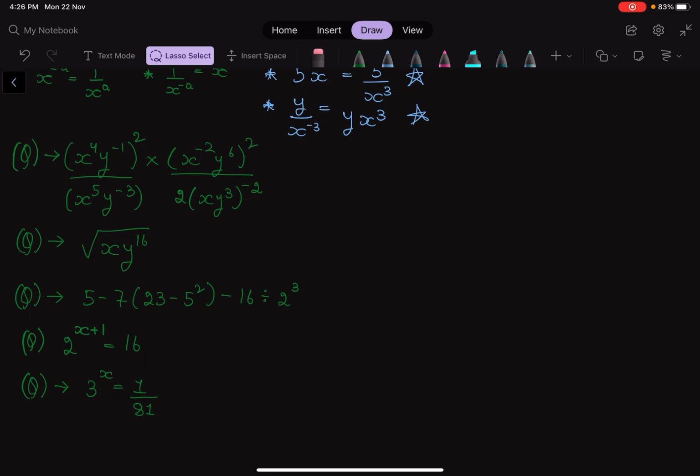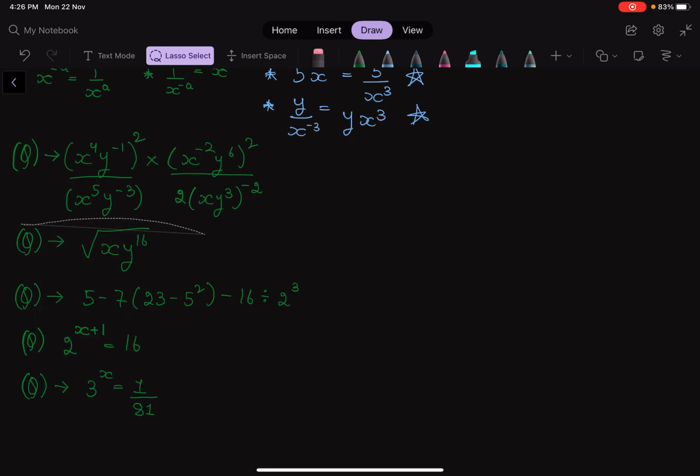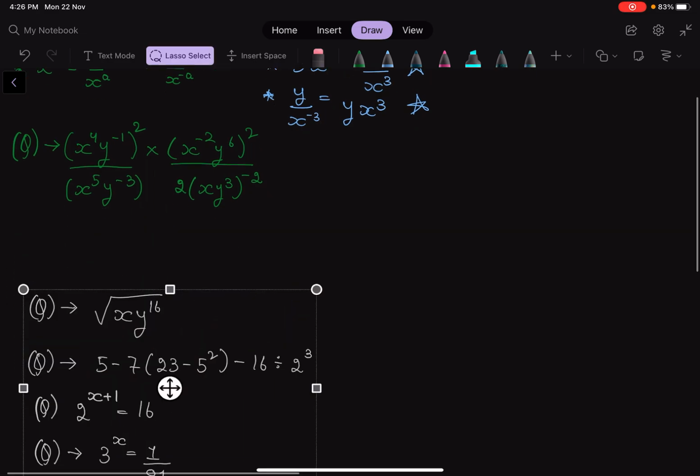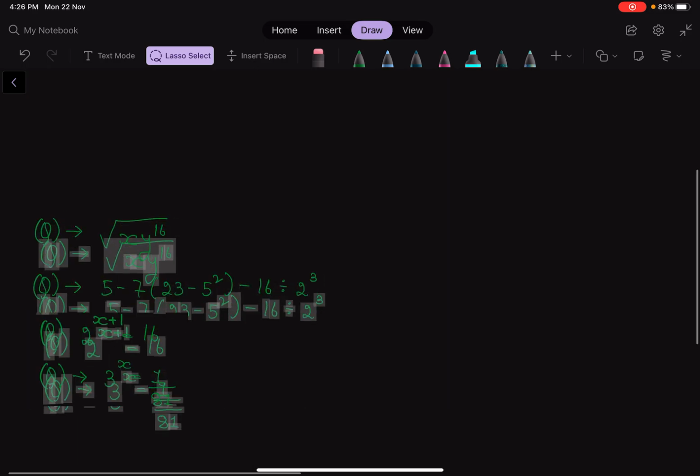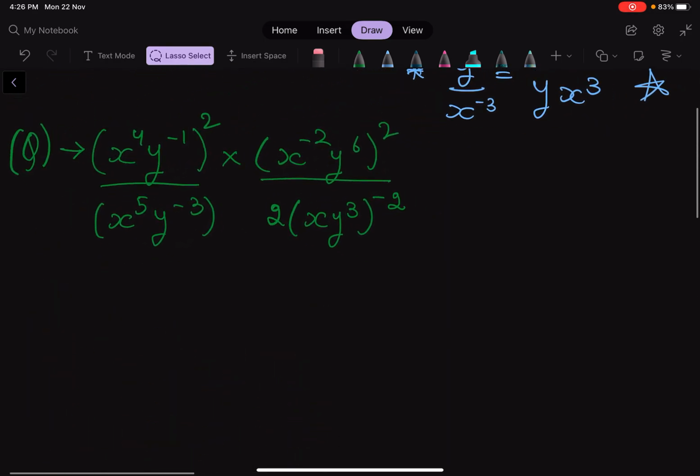Let me just move it a bit down so that we have ample space here. So let's go on solving these questions. First of all, as I told you, always expand the brackets. Let's start with this bracket here.